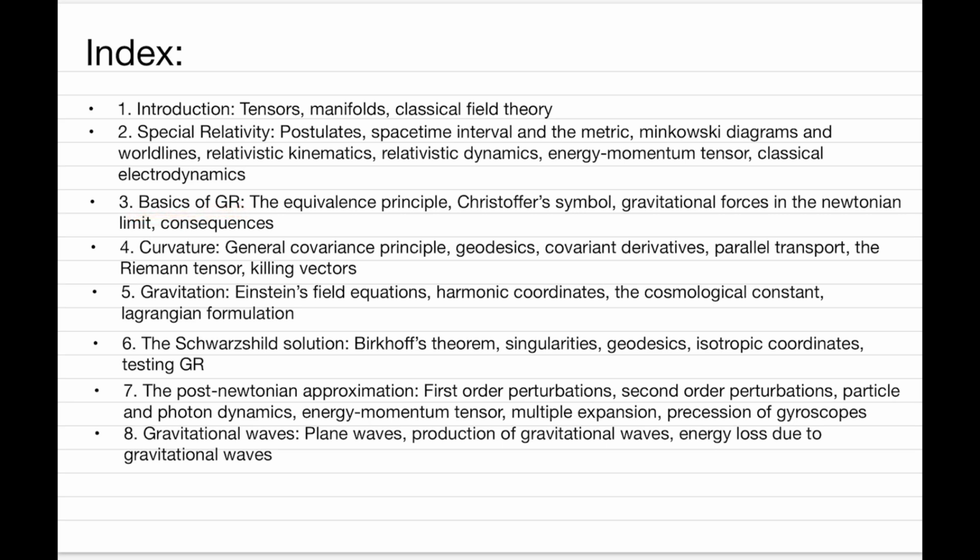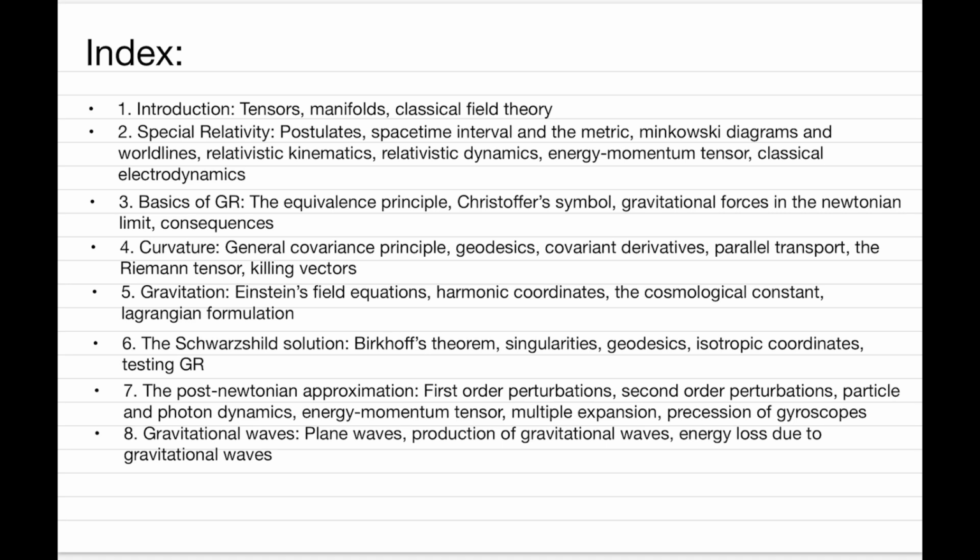Okay, we'll see some fundamental concepts and very simple derivations that you can do before getting in all the hard math about GR. Because then we'll get into curvature, we'll see the general covariance principle, geodesics, covariant derivatives, the Riemann curvature tensor. Then we'll step into gravitation, and we'll see Einstein's field equations and all these things.